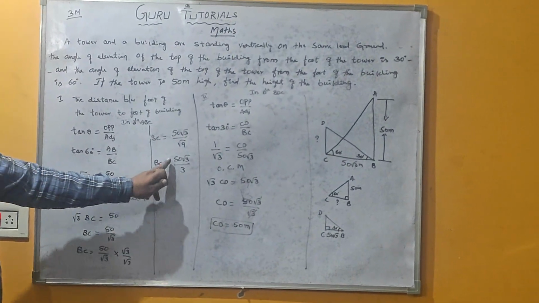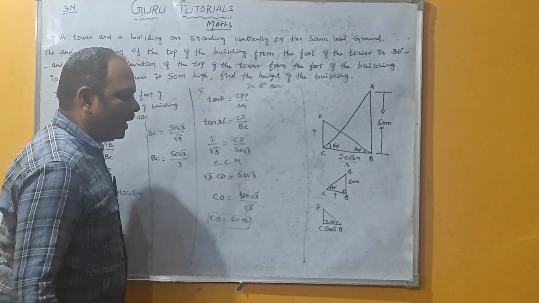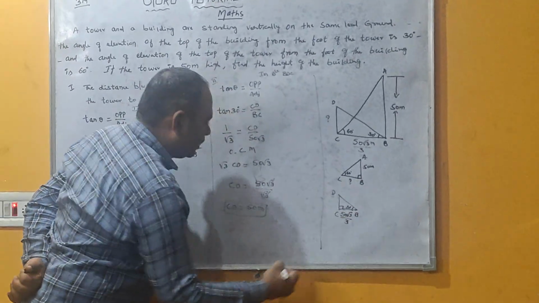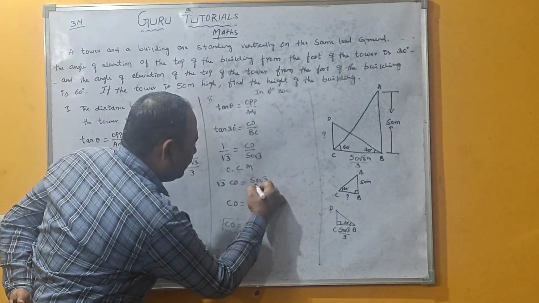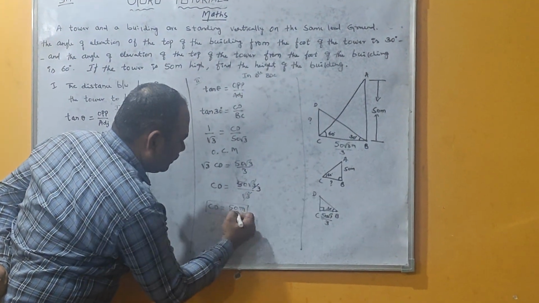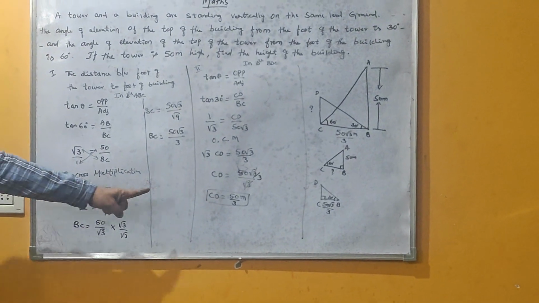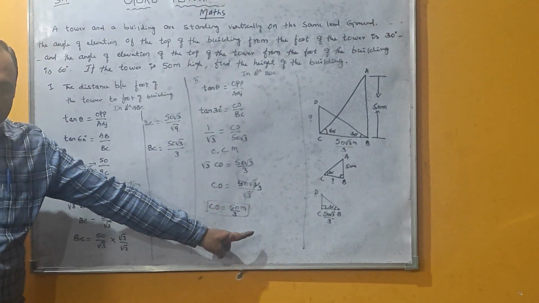BC value is how much? 50 root 3 by 3. I forgot it here. So with 50 root 3 by 3, divided by root 3, this comes to 50 by 3 meters. CD value is 50 by 3 meters.